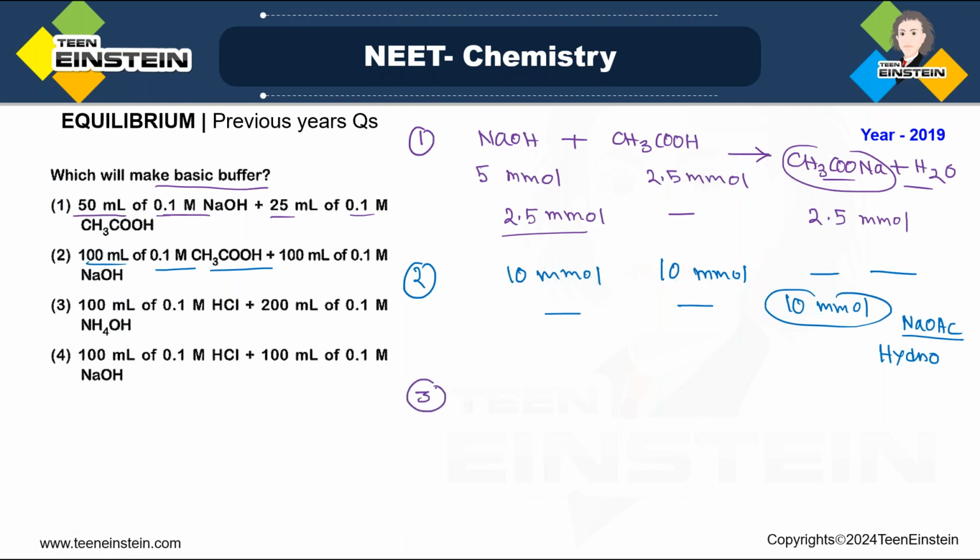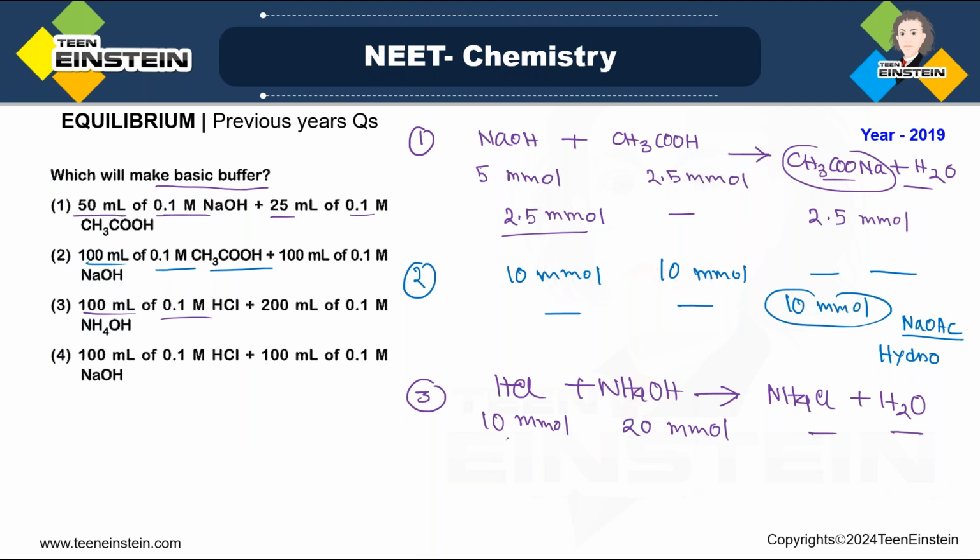What about the third one? Now we have HCl, NH4OH, and there is formation of salt NH4Cl and H2O. Initially 100 into 0.1, that means it is 10 millimole, and this is 200 into 0.1, that means 20 millimole.